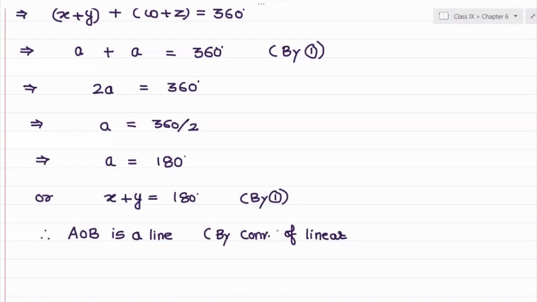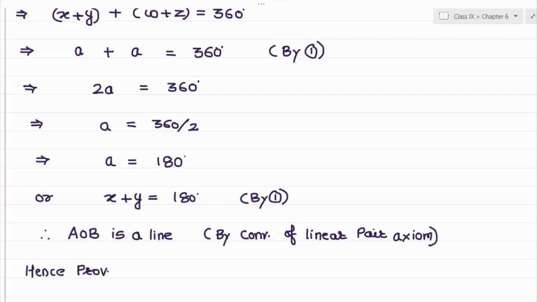So converse of linear pair axiom says if the sum of two angles is 180 degree, then we can say that it forms a line. So by converse of linear pair axiom, we can say it is going to form in such a manner. Okay, so hence it is proved. So at last we shall write down hence proved.